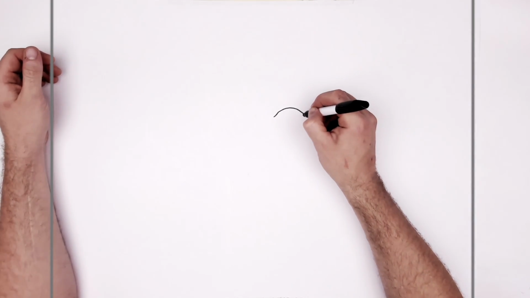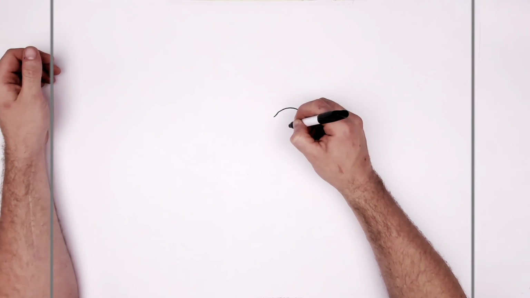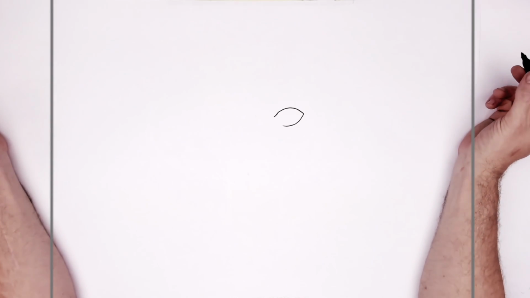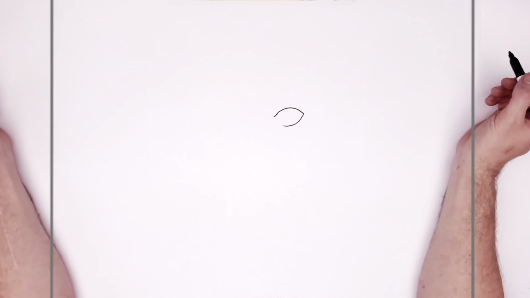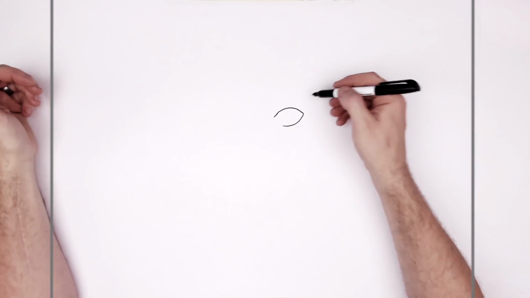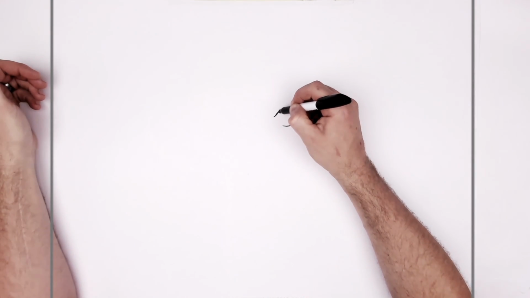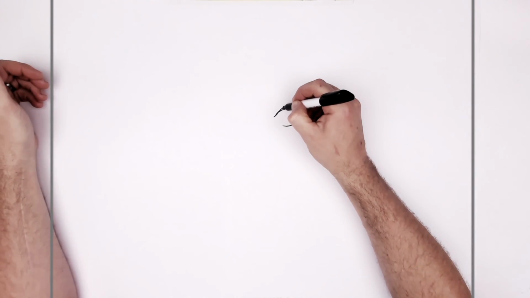We'll get the main shape in first, and then we'll do the eyelashes. Right, that kind of shape. You want to thicken it up and add your eyelashes coming off it. So very large eyelashes.